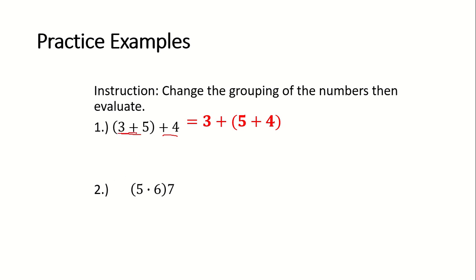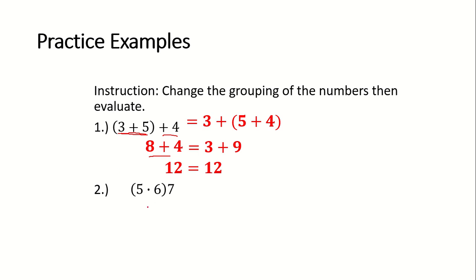Based on our simple concept of parentheses, prioritize whatever is inside it. So 3 plus 5 is 8 plus 4. And then 5 plus 4 is 9. But 8 plus 4 is 12, as well as 3 plus 9, so 12.